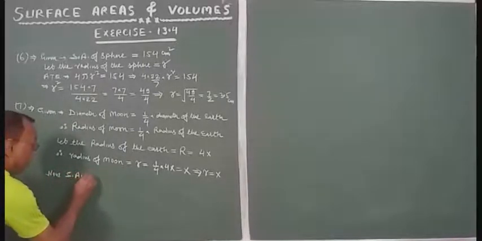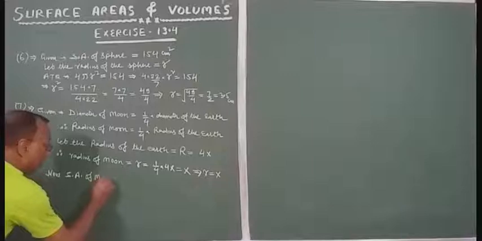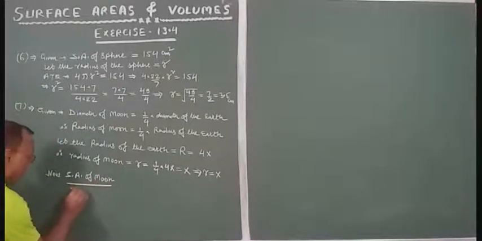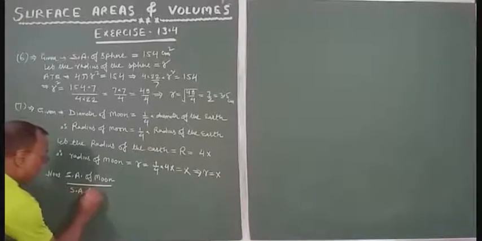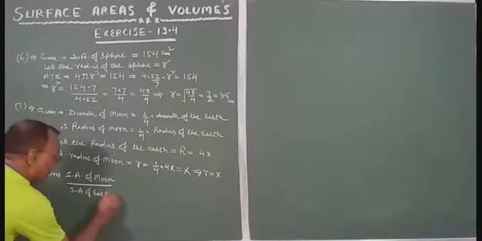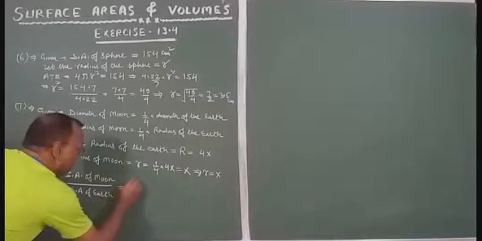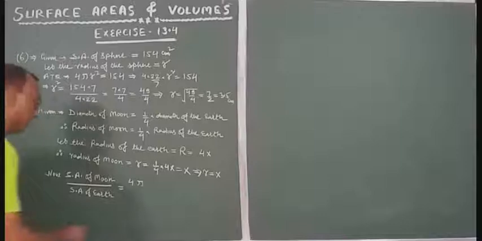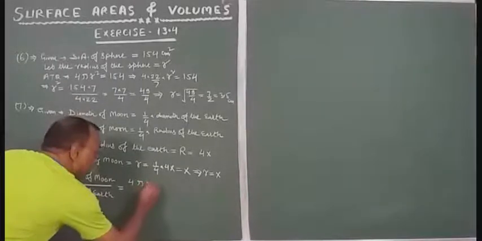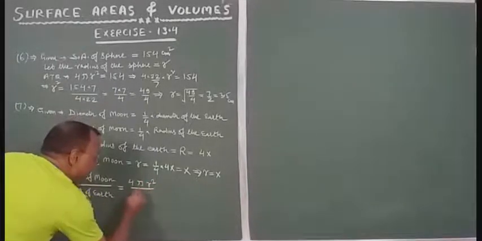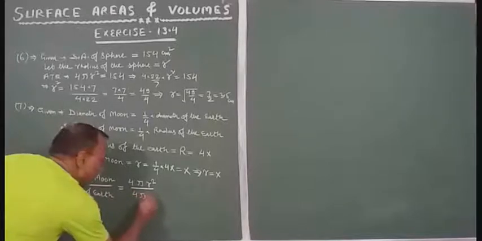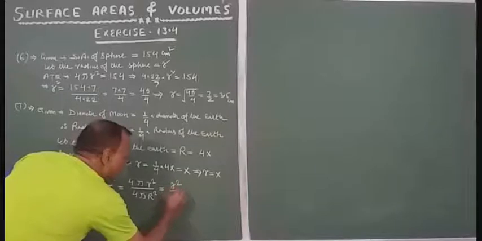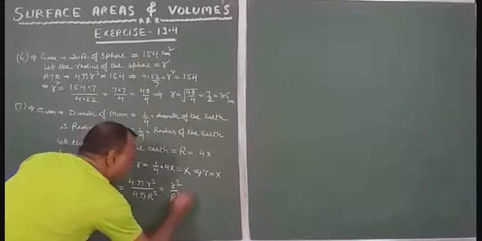Now surface area of moon divided by surface area of earth. Just put 4 pi and the radius of the moon is small r square, divided by 4 pi capital R square. Then you will get r square upon capital R square.